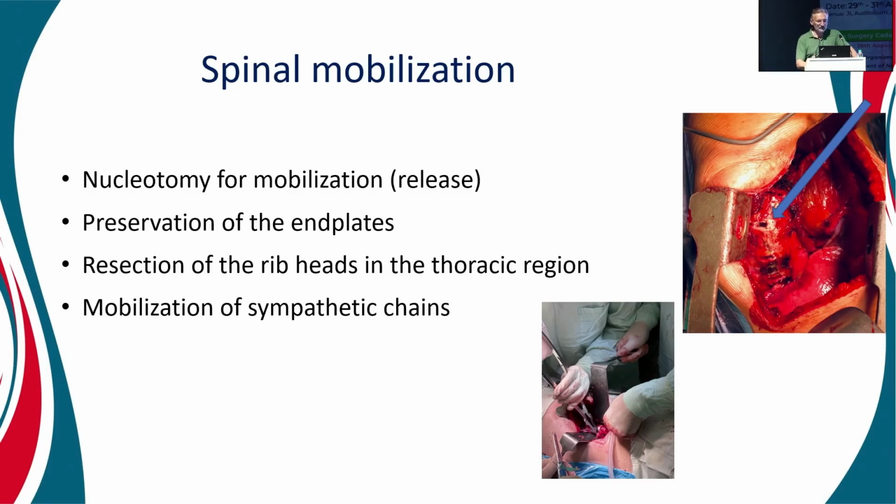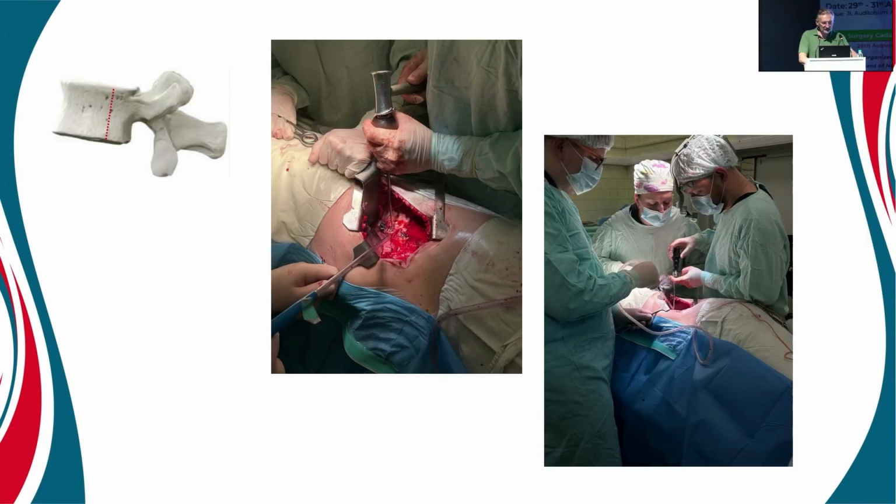We should preserve the end plates for prophylaxis of fusion. Sometimes we do resection of the rib in the thoracic region for increased mobility. And we should take care of the sympathetic chain to prevent damage to it.